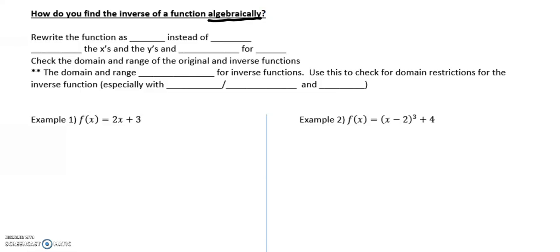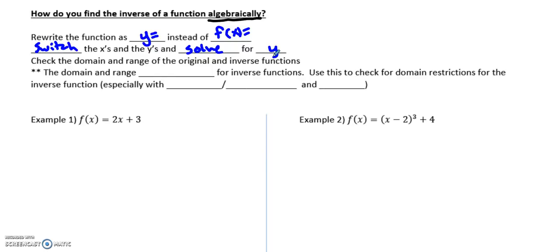The steps are, I'm going to go through and rewrite the function as y equals instead of f of x equals. After that, I'm going to switch the x's and y's, literally switch where they're at, and solve for y. What this is doing is it's switching the x's and y's like inverses do.